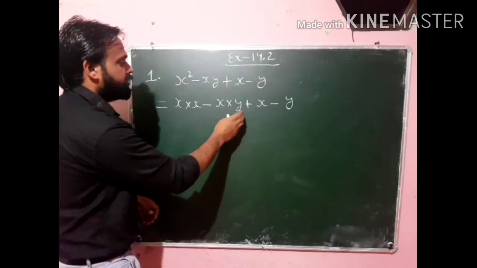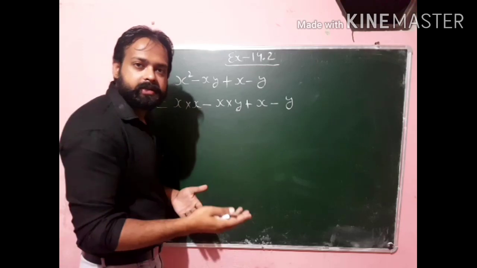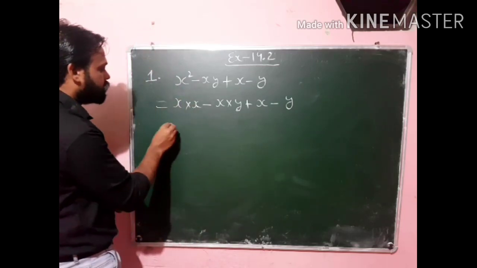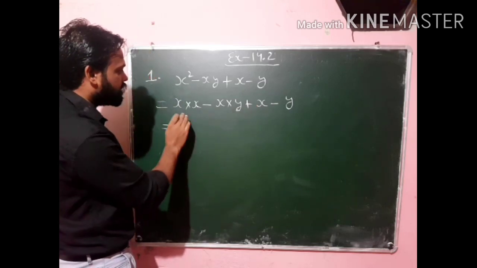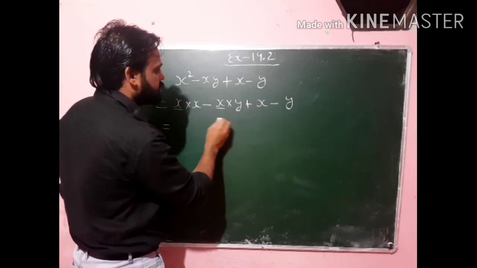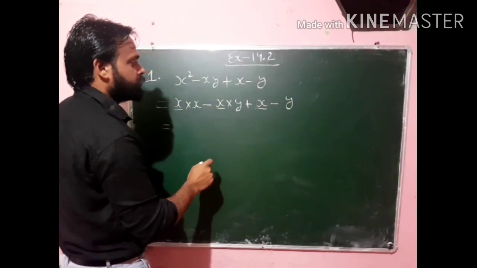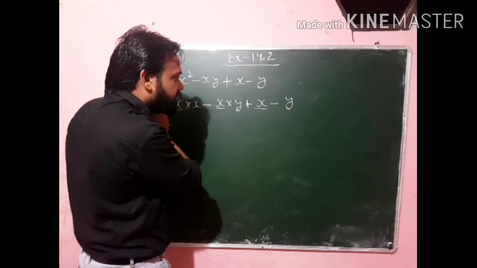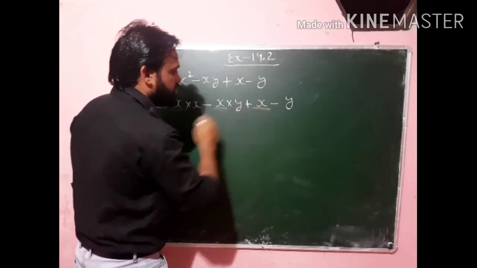Now we have to mark the common factors. If I mark x in each term, you can see it is not common in each term, so we cannot take x common.